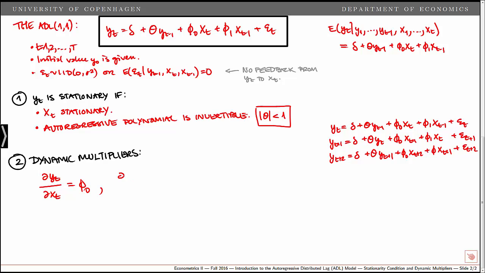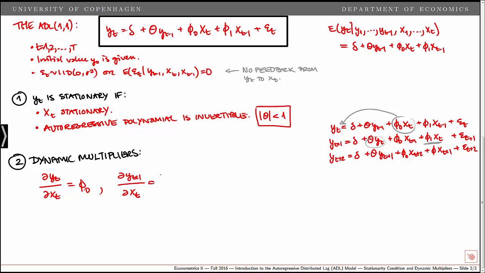If we look at the next period, the effect of a shock to x_t on y_{t+1}, note now that there are two effects coming in. There's a direct effect here, and then there's an indirect effect going through x_t, having an impact on y_t, which next period influences y_{t+1}.